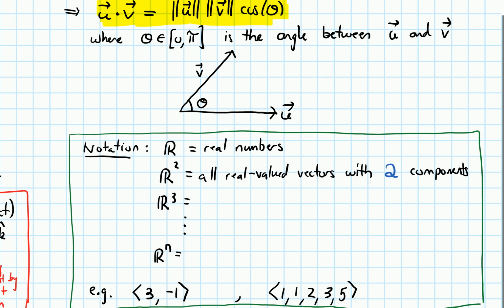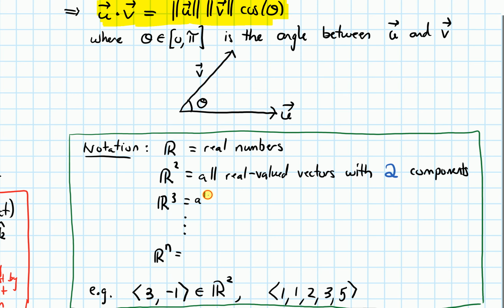So for example, the vector 3, negative 1 is a vector with two components. So we would say this is an element of, that's what that symbol stands for. It's an element of R2. It's one of the vectors that has two components, and what real valued means is each of the entries is a real number.